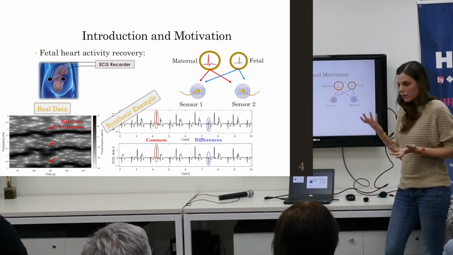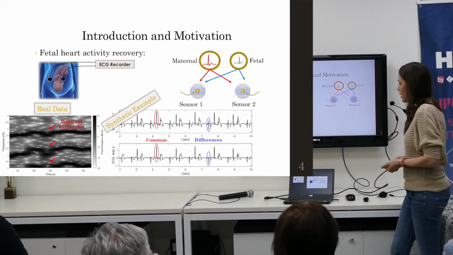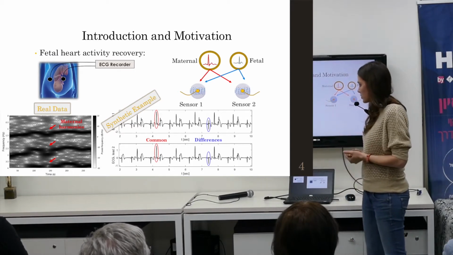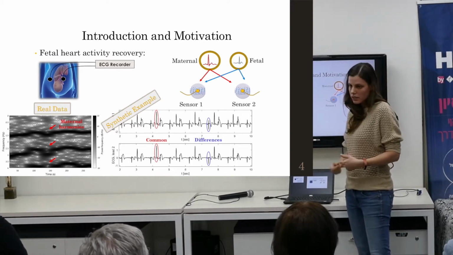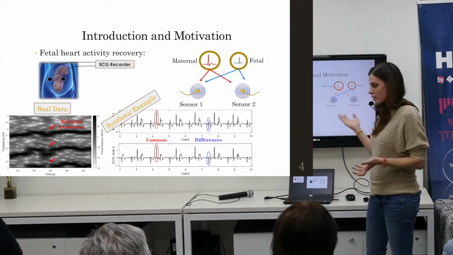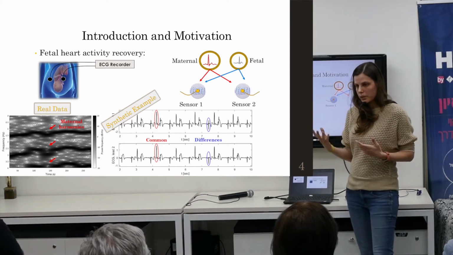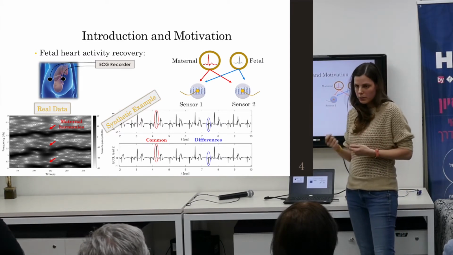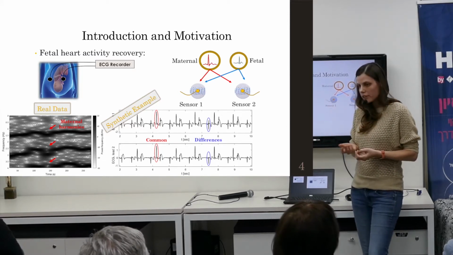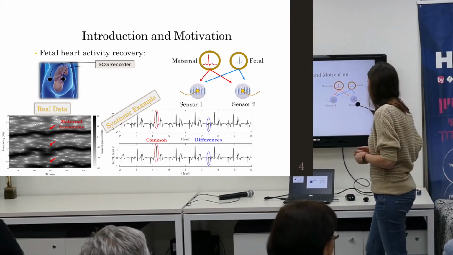And also the ultrasound is more expensive than a simple ECG electrode. So another more efficient approach is using two electrodes that are placed on the abdomen of the pregnant woman. In this situation, it can actually also be used to do Holter measurements, meaning continuous measurements over prolonged periods of time, which can be very useful when there are health concerns regarding the pregnancy.